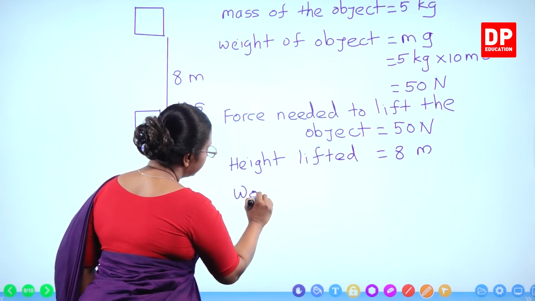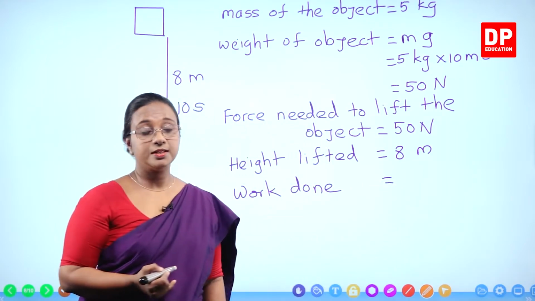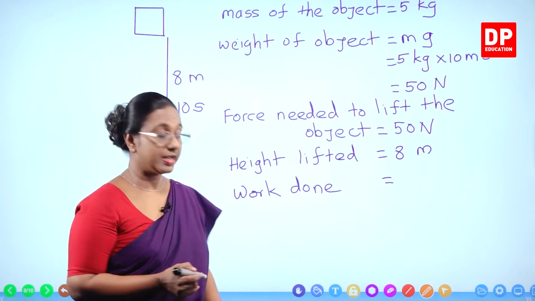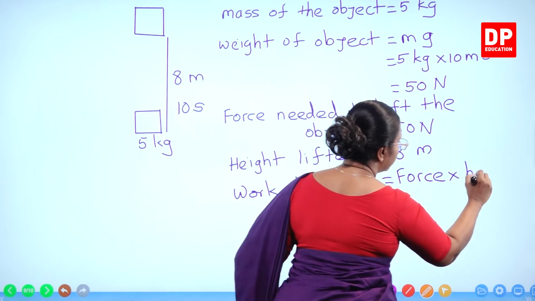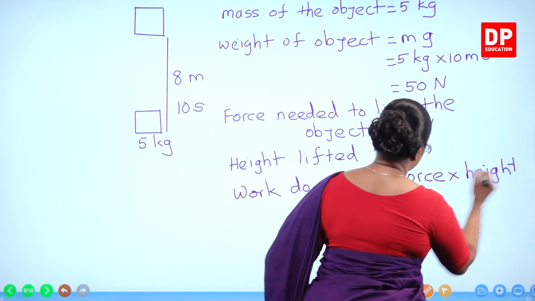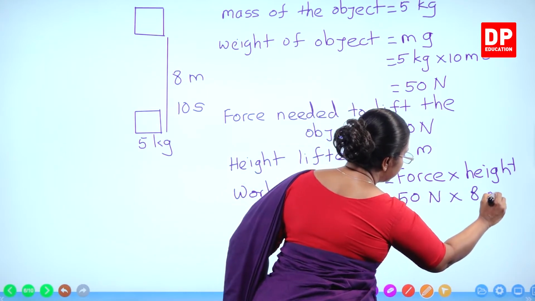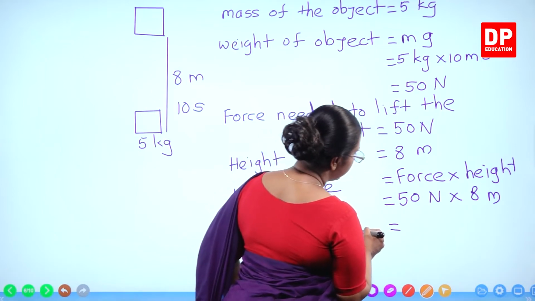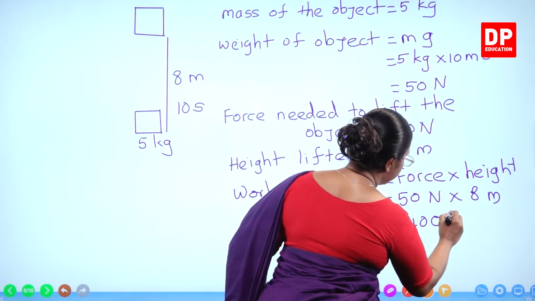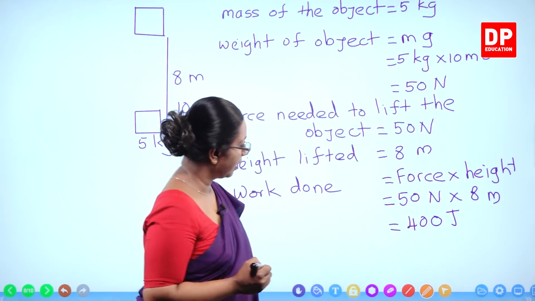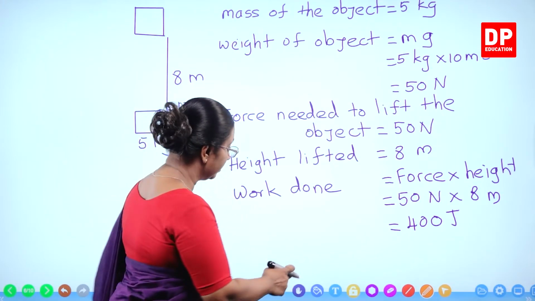So what is the work done? Work done is force into height. So that is going to be 50 Newton into 8 meters, which is 400 joules. 400 joules. Then what is the power? Work done in a unit time.